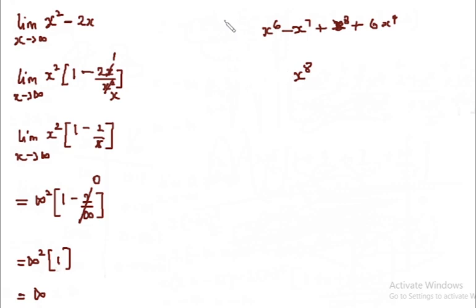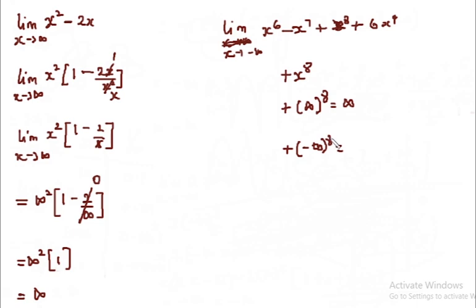So if you're asked to find the limits as x approaches positive infinity, we have plus x to the power of 8. You simply plug in your infinity sign into this. So you have plus, open bracket, infinity to the power of 8. So infinity to the power of 8 is still infinity. If it was a negative infinity sign, where, say, we are asked to calculate x approaching negative infinity, we simply take the highest one, like we did, and say plus, open bracket, negative infinity to the power of 8 is equal to positive infinity.